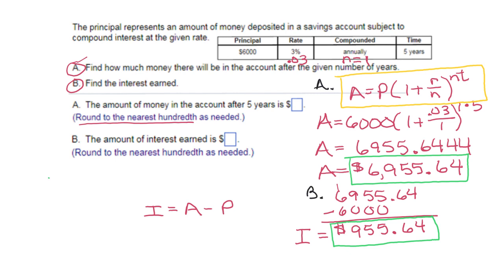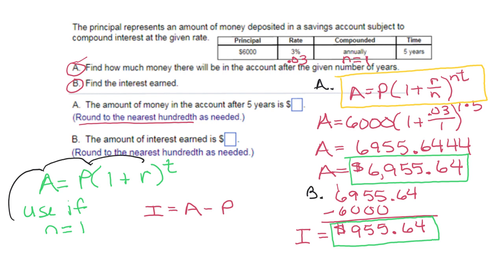We can use A is equal to P times (1 + r), since we know the denominator is 1 for once a year, raised to the t power. This is the formula you use if you are compounding interest once a year. So that is used if n is equal to 1. So there's all kinds of formulas that you can derive from one specific formula, but this is the one we can also use.